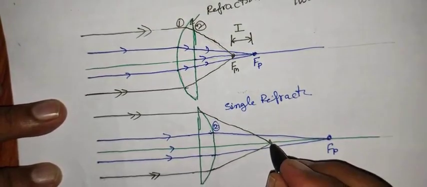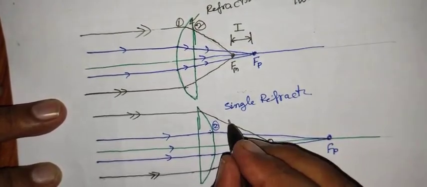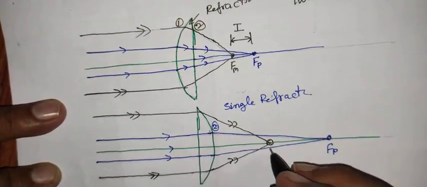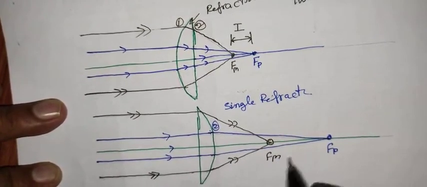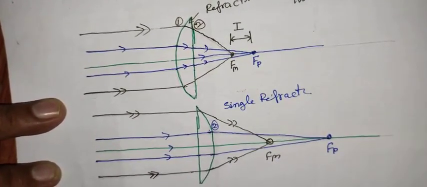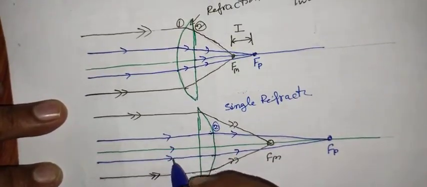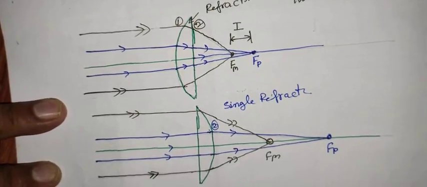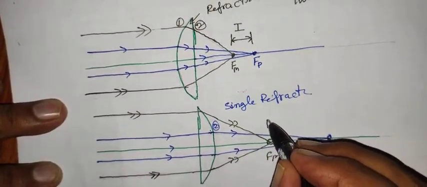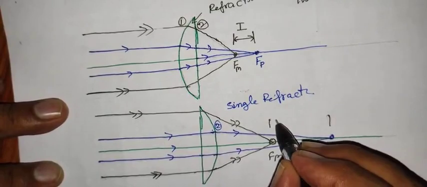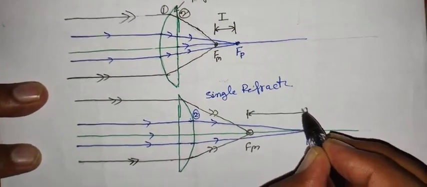So these rays meet at a point, the marginal focal point, and the paraxial rays meet here. So the image is formed between these two points.